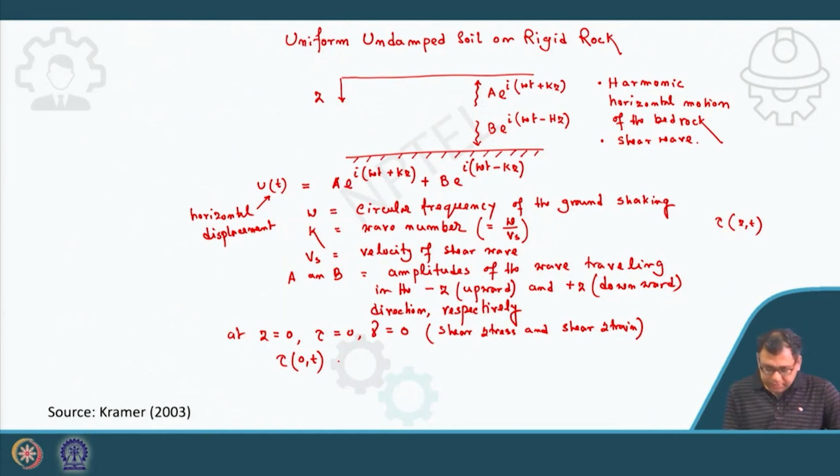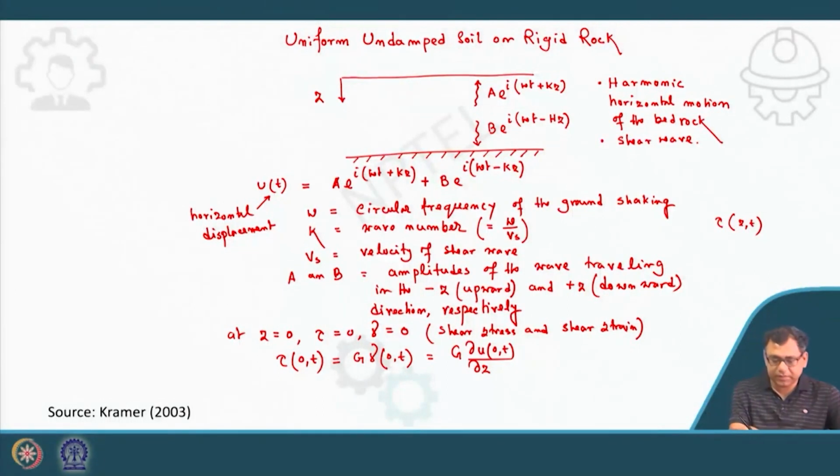So, now the shear stress tau at depth z at any time, where z equals 0, will be equal to G times the shear strain at z at any time. That is equal to G times the shear strain, which is del u(0,t) by del z.